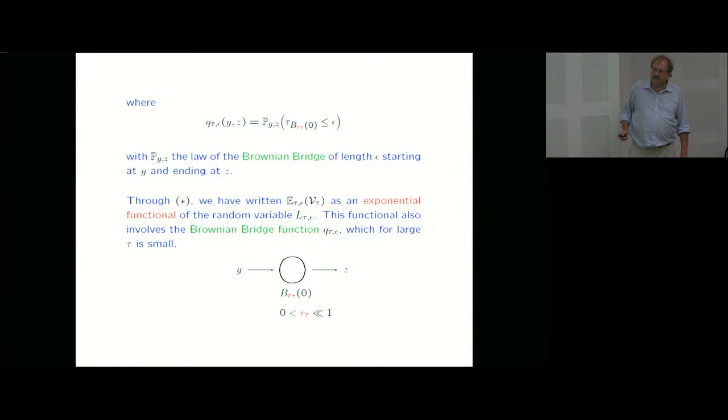Okay, so we have written this as an exponential functional of this random variable living in the space of probability measures on lambda n cross lambda n, and it involves some standard function.